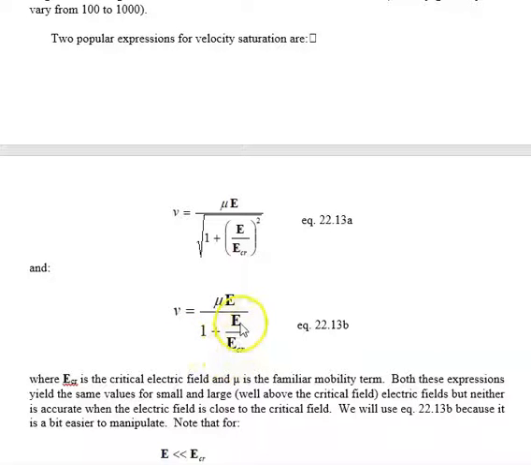So for electric fields much less than the critical value, this term goes away, and we have a very simple relationship. Velocity is equal to mu E. That's our starting point.